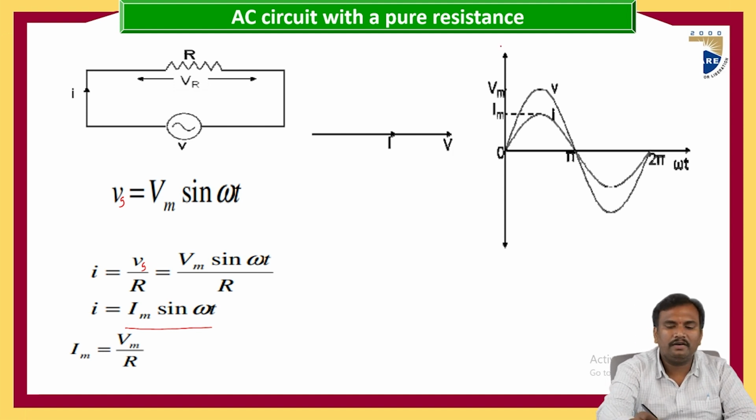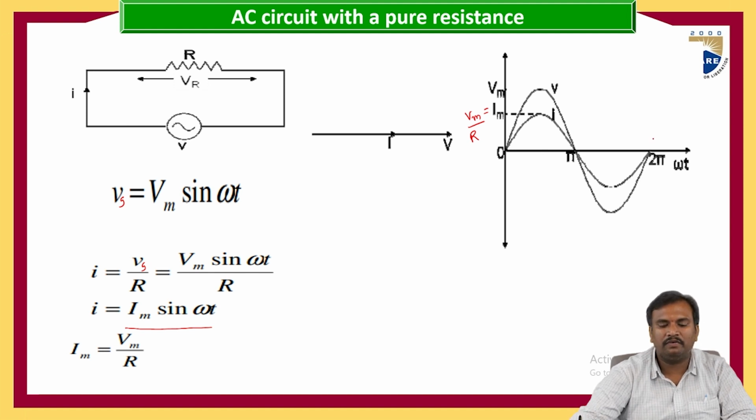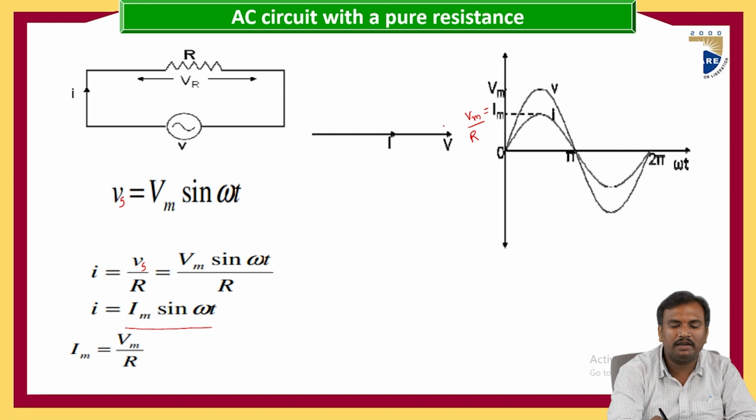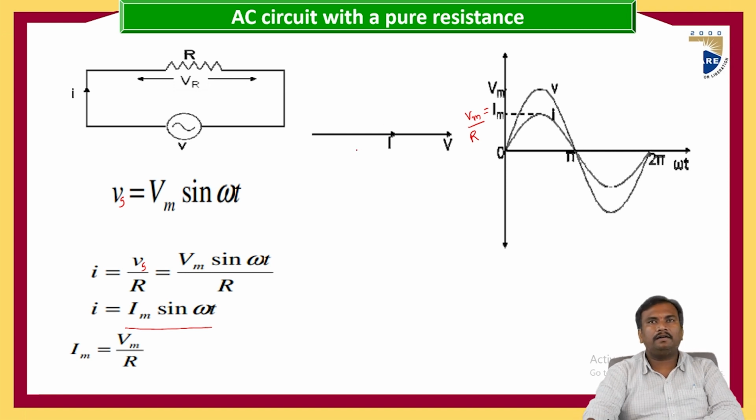We can draw the waveforms with different magnitudes, V equal to Vm magnitude, and I equal to Vm by R magnitude. This is the I waveform. And here the voltage and current are in phase.